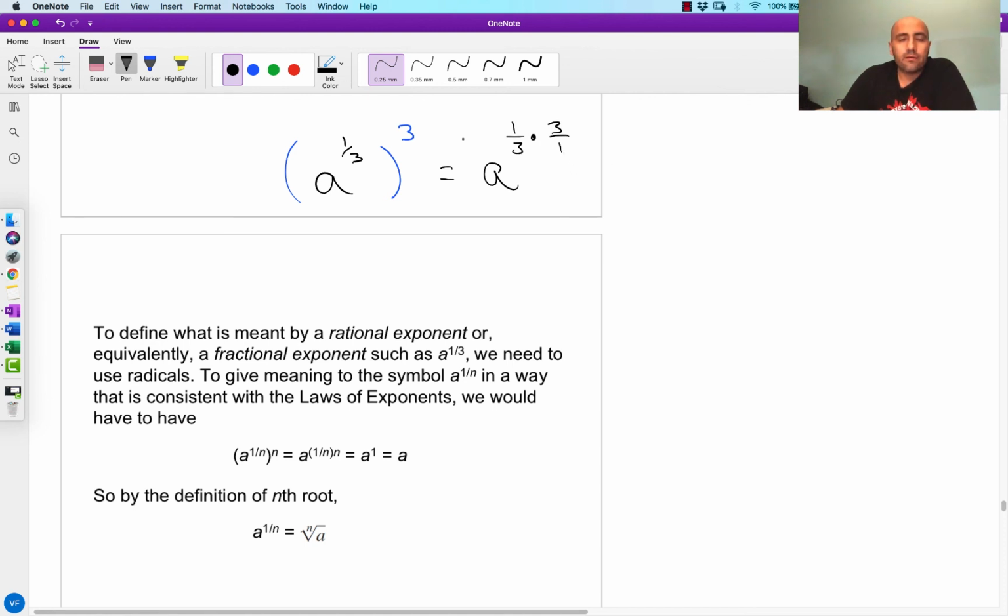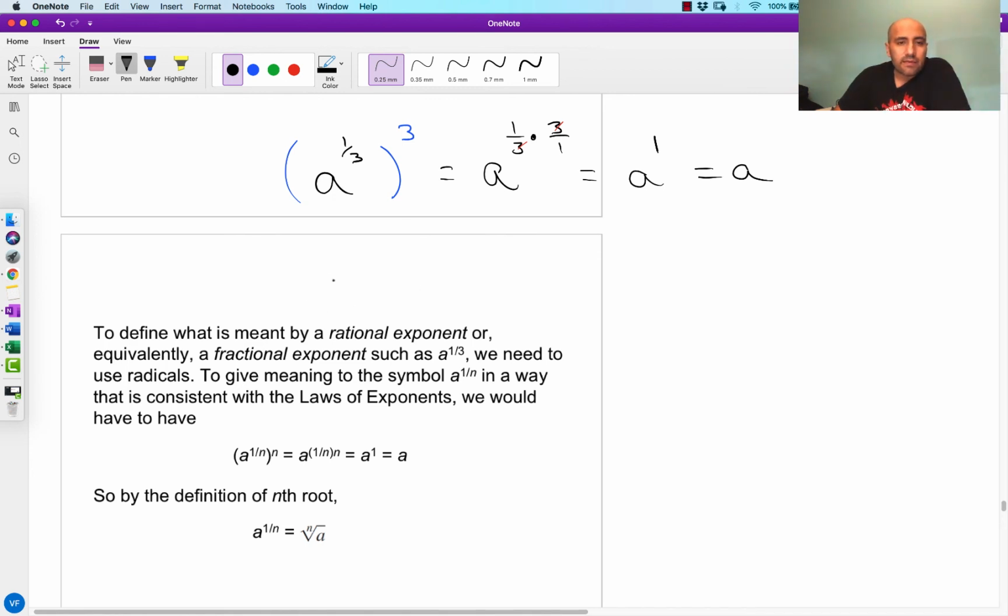Put a little 1 there. That means that these guys cancel. So it gives you a to the power of 1, or just a. Okay? So a to the 1/3 is a value such that when you raise it to the power of 3, we get the value that's inside there.